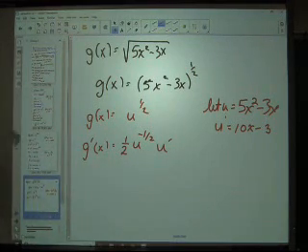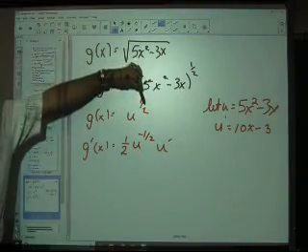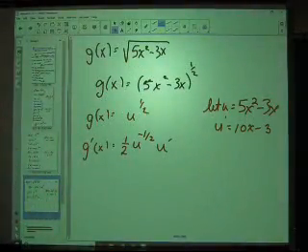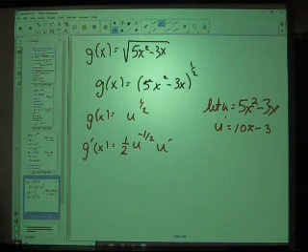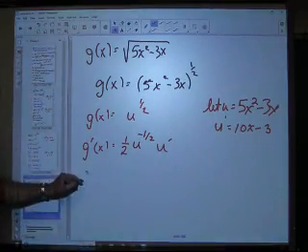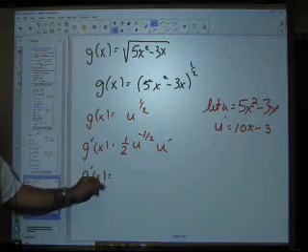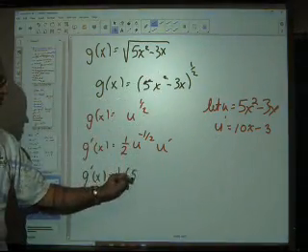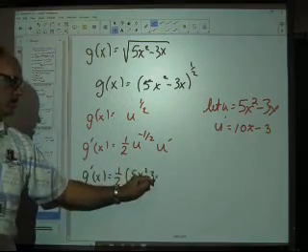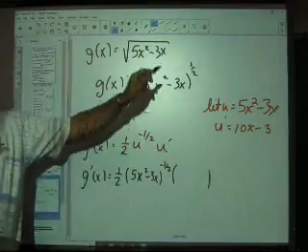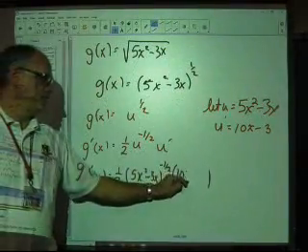So we have just our power rule, 1/2, and then u to the 1 less power. But the chain rule says then we're going to have that u prime as part of this answer. Does this make sense? Okay. So g prime of x is that 1/2, and then the u value doesn't change. So 5x squared minus 3x is to the negative 1/2. And now we have that u prime, which we have found, 10x minus 3.